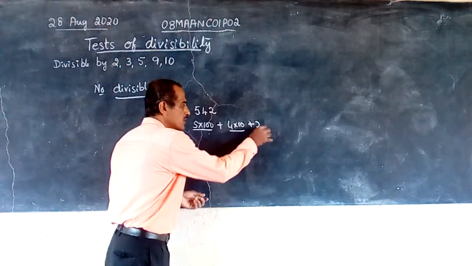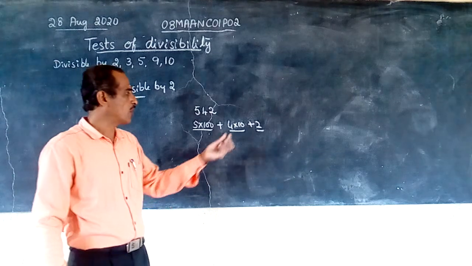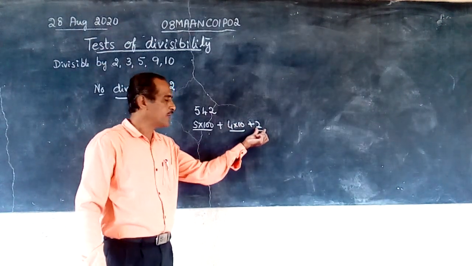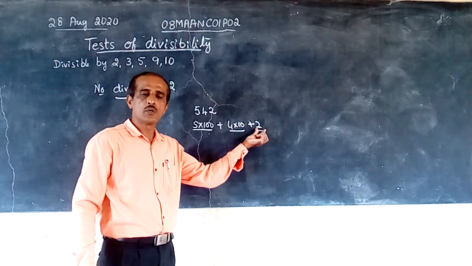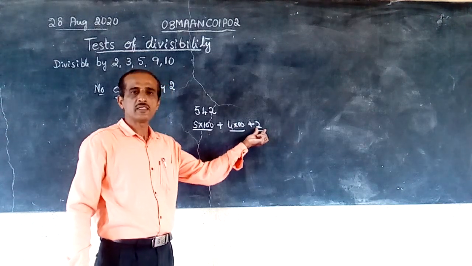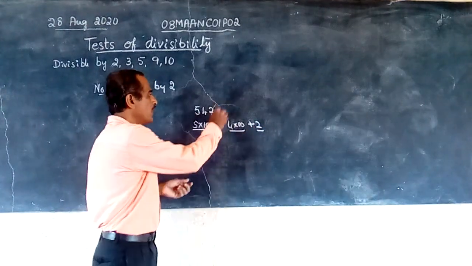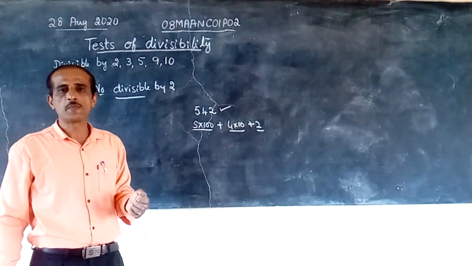The last one is 2. You have to check whether 2 is divisible by 2 completely. Yes, we can divide 2 by 2. Therefore, we can say 542 is divisible by 2.